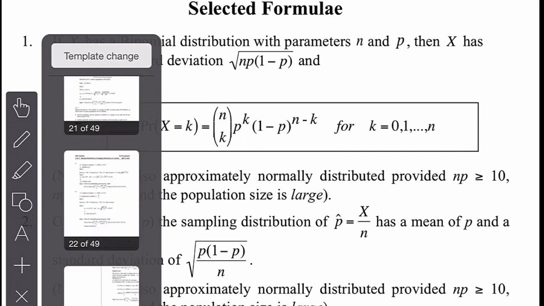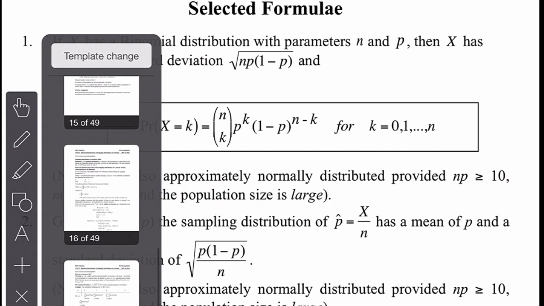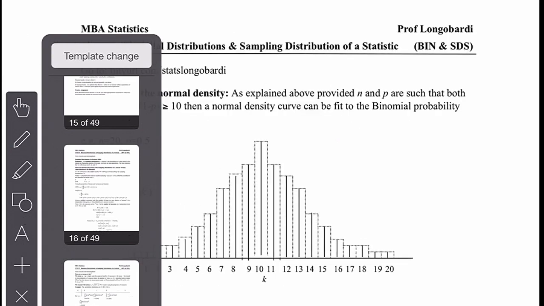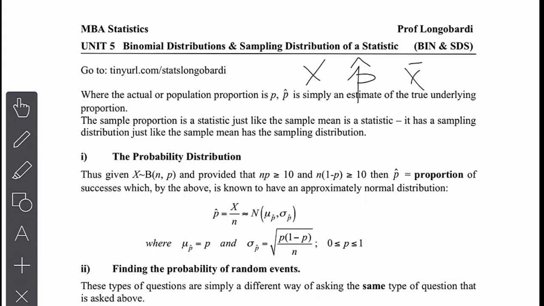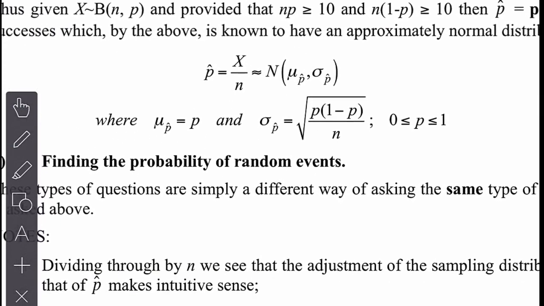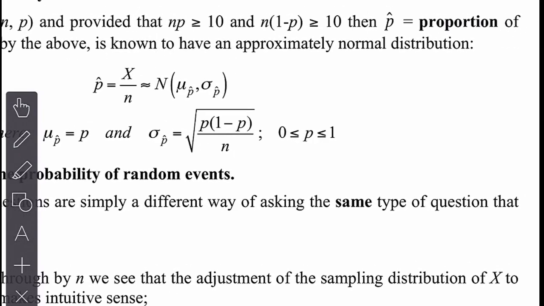Going back to page here. So this is where we left off. And I was talking about the proportion as opposed to the count. And I mentioned that if you want the distribution of the proportion, wouldn't you expect that its distribution is similar to the count, because the count is distributed approximately normal, with a mean of, well, I'll put it like the symbols, right?